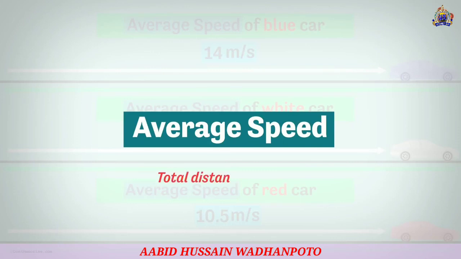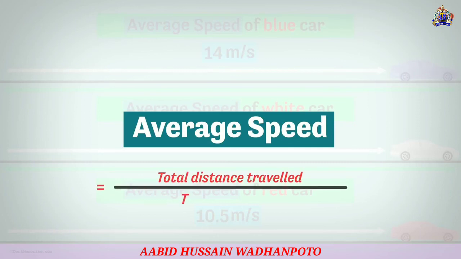Here is the formula for the average speed, which is the total distance traveled by a body divided by the total time taken. So total distance traveled by a body is divided by the total time taken here.